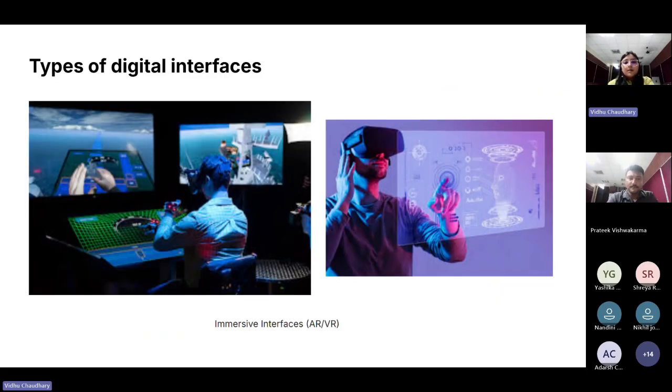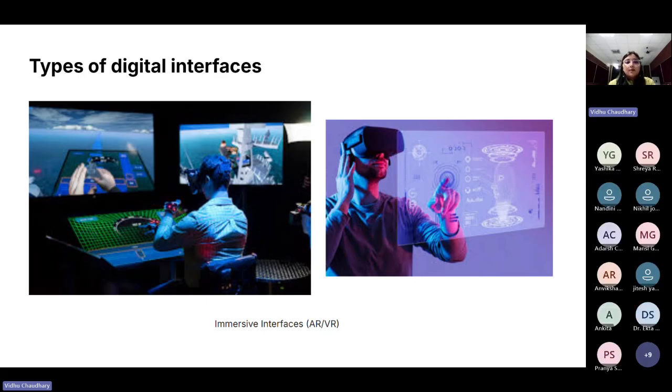Now moving on to the immersive interfaces, these create a very immersive experience for the users, making use of augmented reality and virtual reality technologies. They build on top of the real world to provide a user experience in which the user can implement some features beyond what is actually possible in the real world.